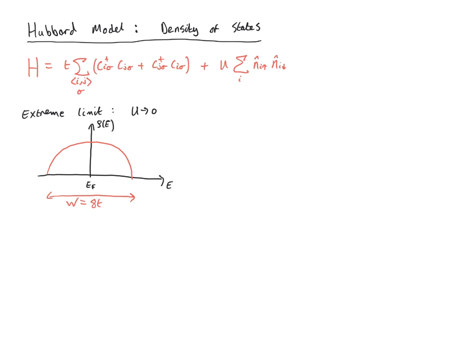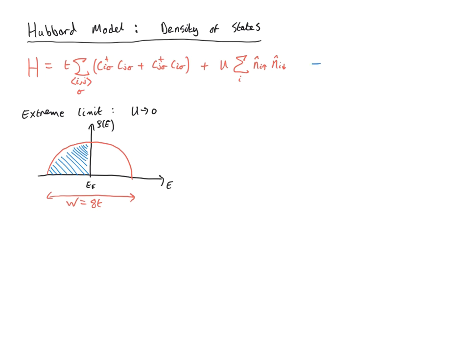In particular, if we want to have a half-filled system with an average occupation of each site of 1, then we just fill up the single particle states up until the Fermi energy. And if exactly half of the total number of states lie below the Fermi energy, then we have a half-filled system. We can control the occupation of our system by changing the chemical potential, and we can actually add that into our Hamiltonian.